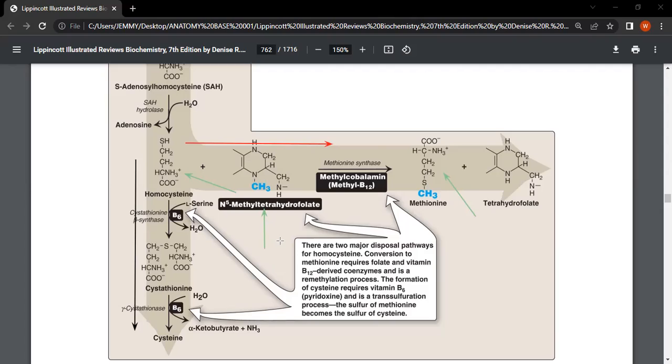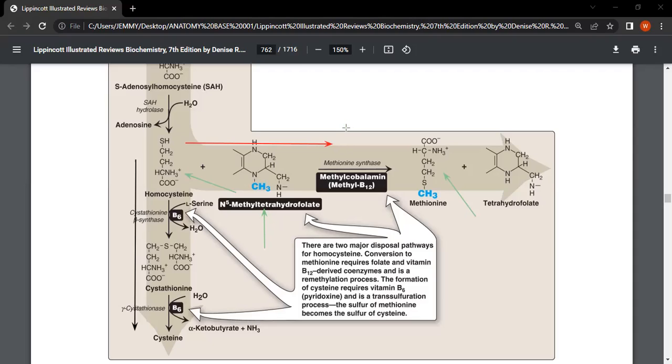N5-methyl tetrahydrofolate. Okay, so it is a tetrahydrofolate which is methylated at the nitrogen at position number 5. The tetrahydrofolate is a derivative of folic acid. Folic acid is your vitamin B9. Okay, so it is the one which brings the methyl group.